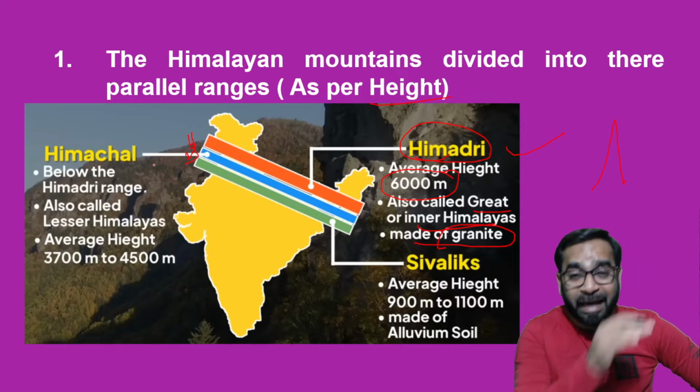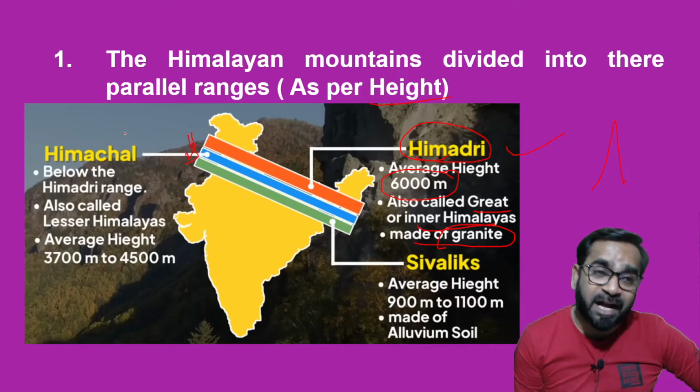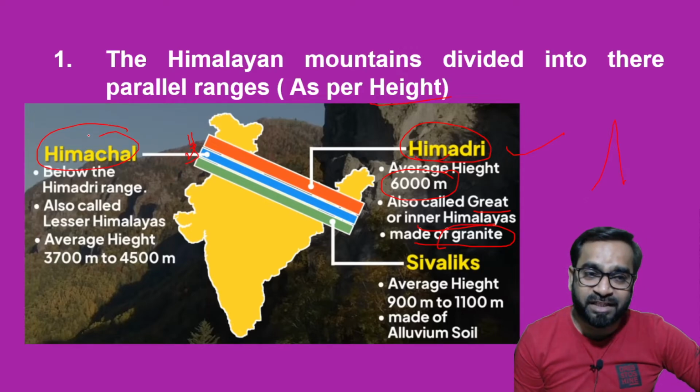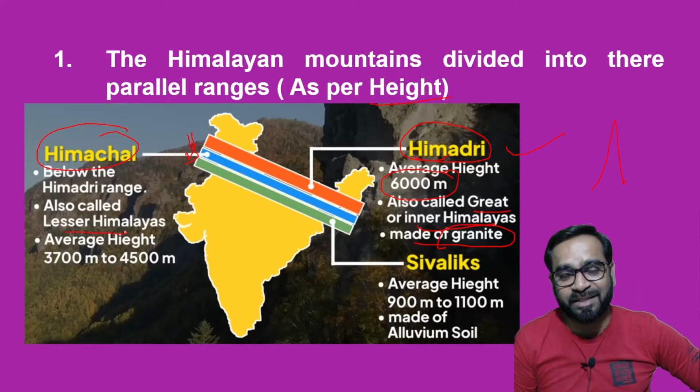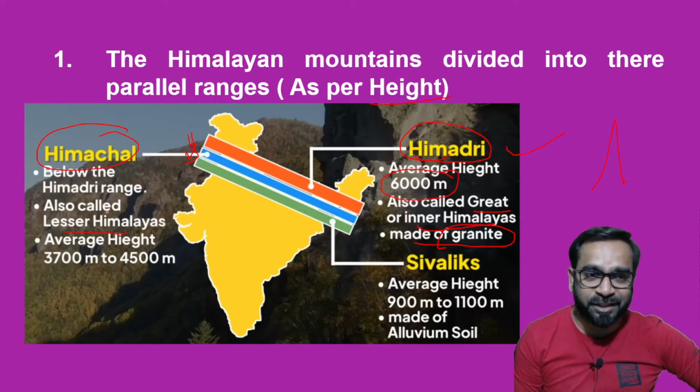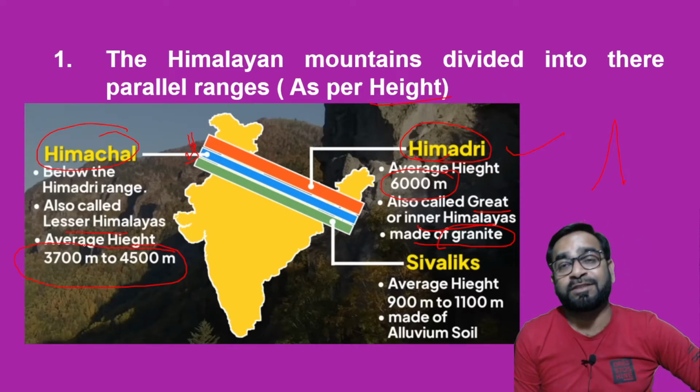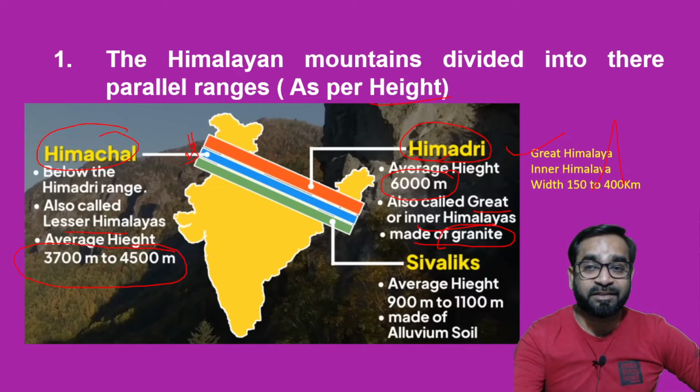The second parallel range is Himachal. The other name of Himachal is the Lesser Himalayas, dear students, and its average altitude is 3,700 meters to 4,500 meters.